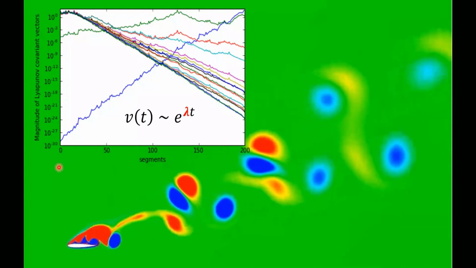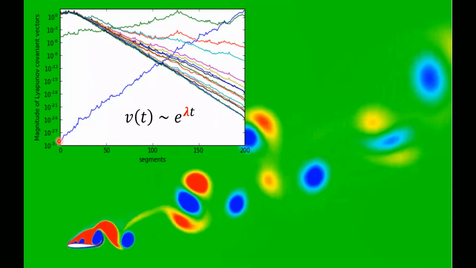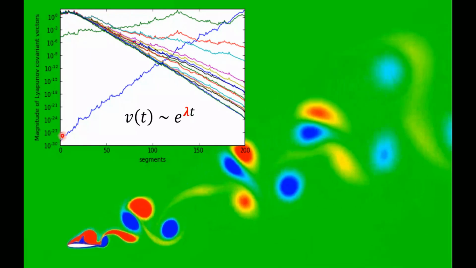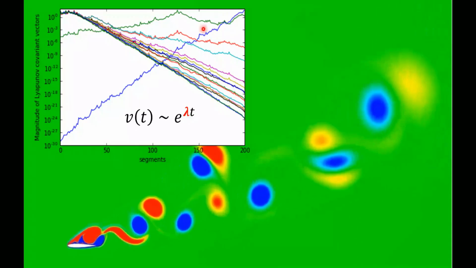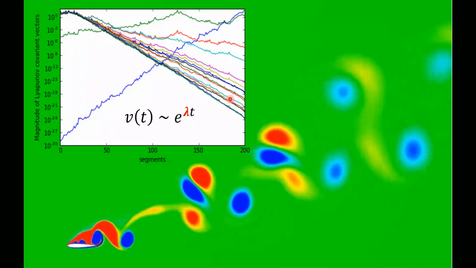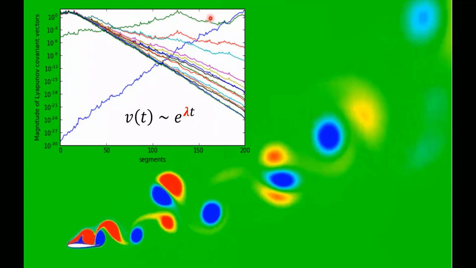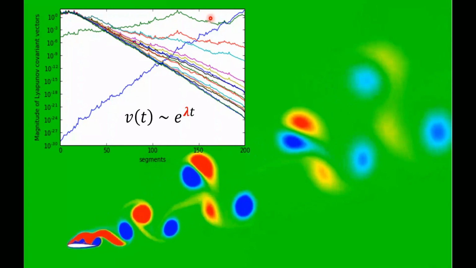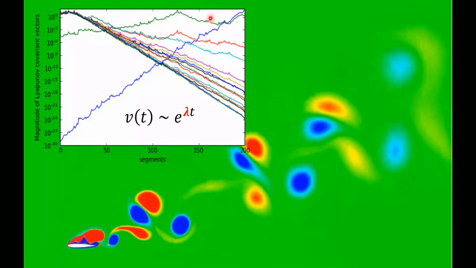Here, what I'm showing is the time evolution of different modes of perturbations, and the y-axis is the L2 norm of these perturbations. You can see one definite exponential growth that corresponds to the positive Lyapunov exponent. You can also see many negative ones, and some of them are intermediate. You have to compute for much longer times to determine if they are really positive or negative.